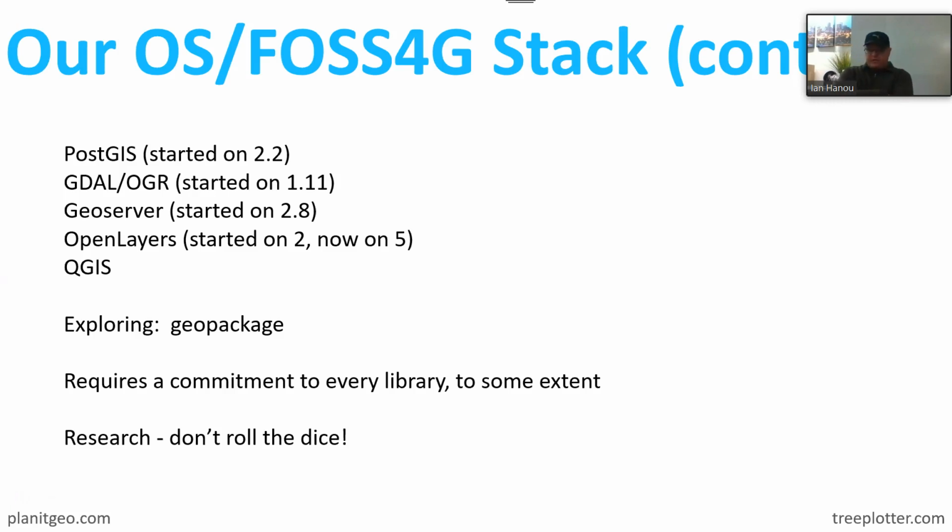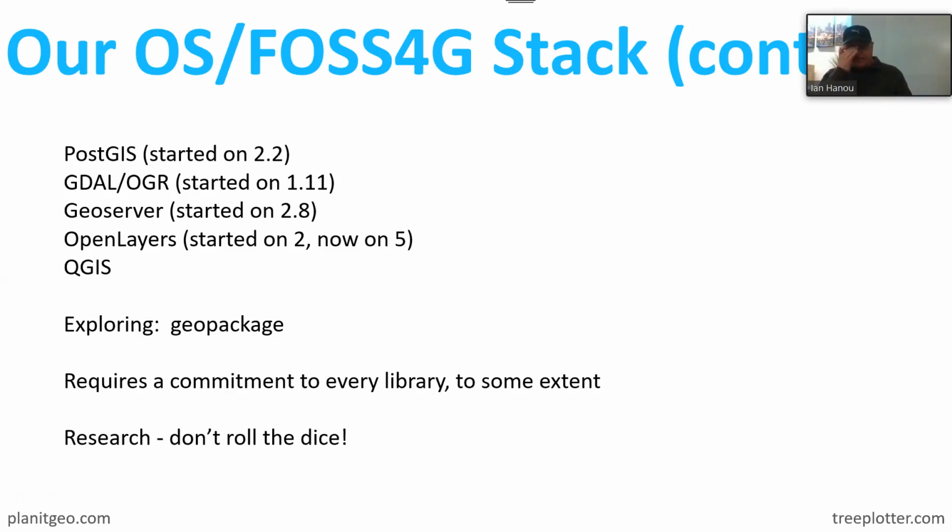These FOSS4G technologies, each one of these projects has its own thriving community. When we went with these technologies, Postgres had been around for, I think, 15 years, and PostGIS had been going for quite a while, having started, I think, in a scientific community. But these were all solid, and they continue to be solid.